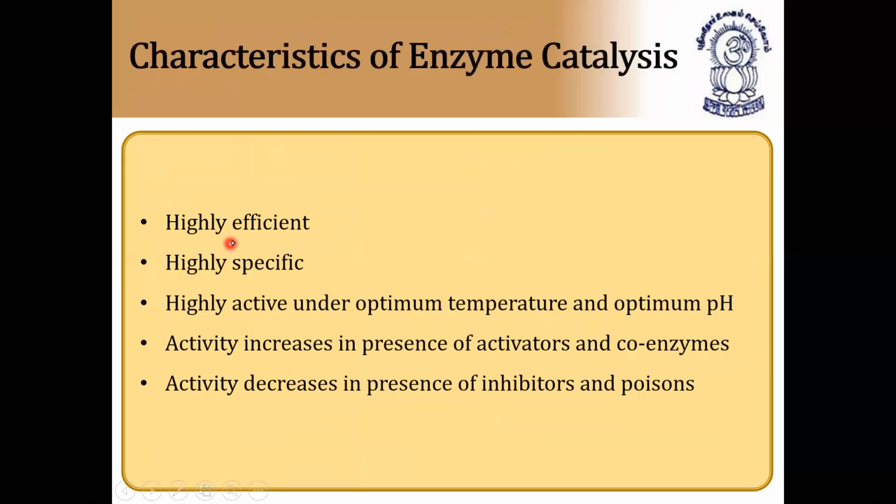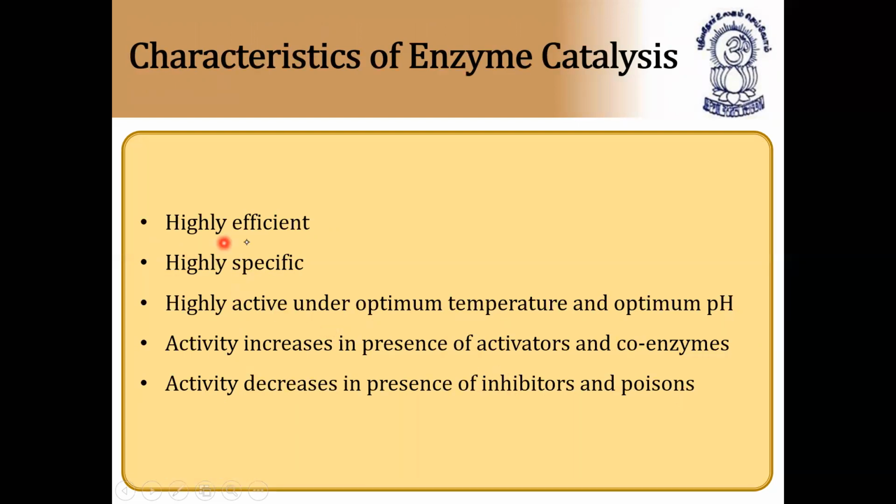Next, characteristics of enzyme catalysis. It is highly efficient, highly specific, and highly active under optimum temperature and optimum pH. Activity increases in the presence of activators and coenzymes, and decreases in the presence of inhibitors and poisons.